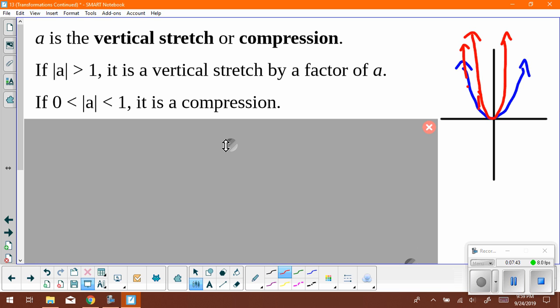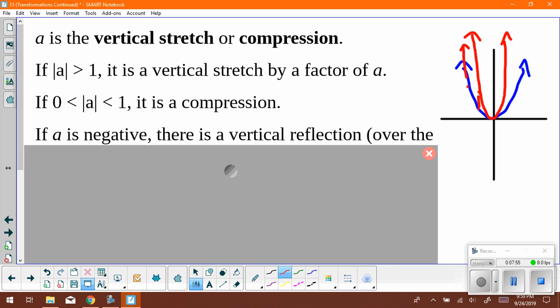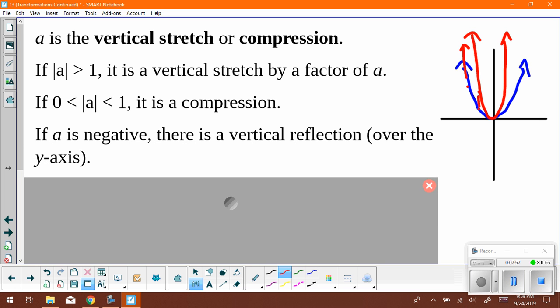If A is between 0 and 1, we call that a compression, because instead of being pulled up, it's kind of getting flattened a bit. So it's being pushed down. And that shouldn't be y, that should be x.